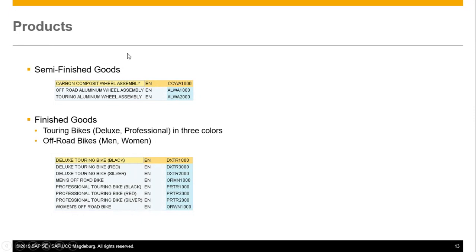Semi-finished means not complete, like the wheel assembly. And then you have finished goods, which are touring bikes and off-road bikes. For the sales and distribution case study, we'll be looking at the deluxe touring bike and the professional touring bike, which is PRTR. These are the codes of the products.